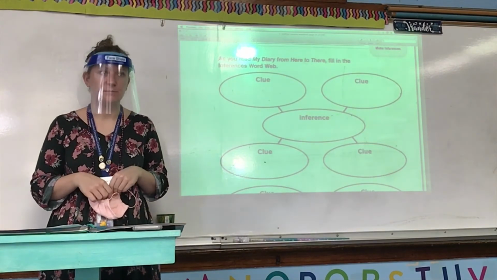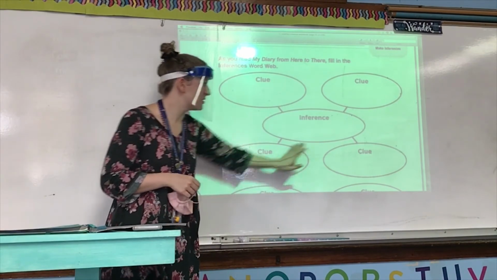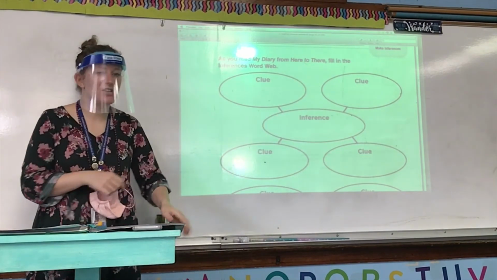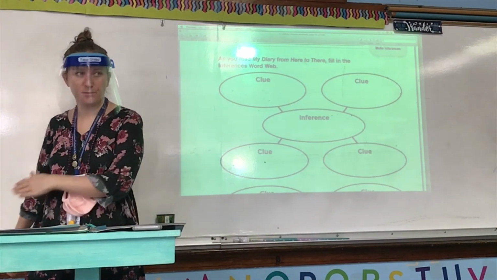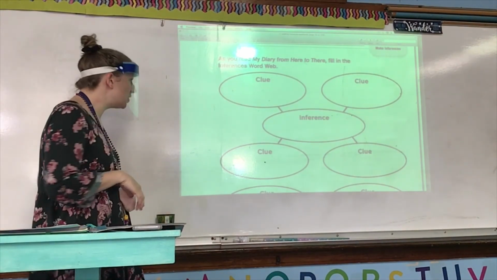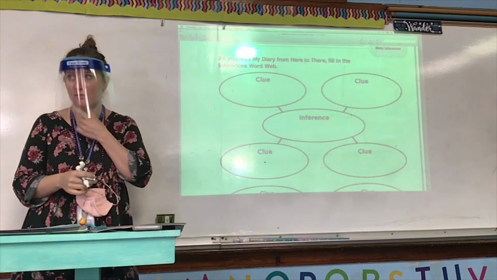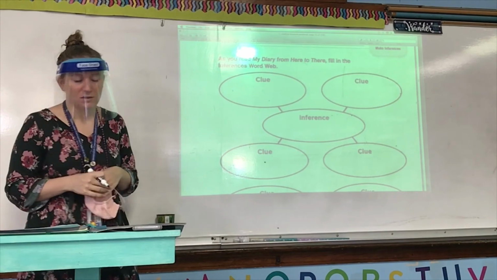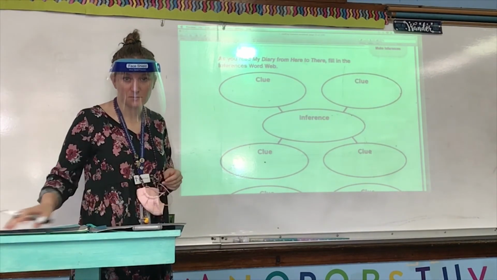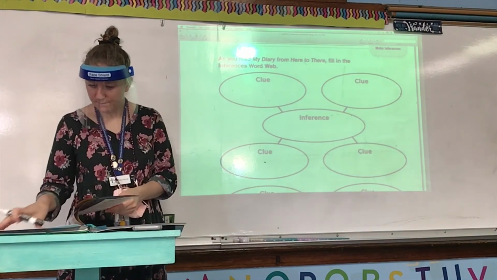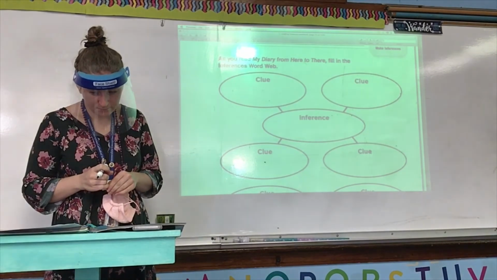How can you tell? So before we answer it, before we make the inference, let's find clues. Some of them are on this page, some of them are on the page before. So let's go to the page before. And what are some clues that tell you how she's feeling? What is she asking herself? Carla. One of the questions she asked herself is, what if we never come back?